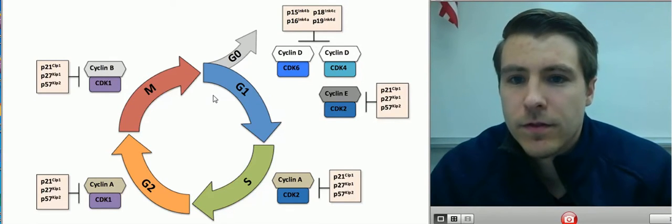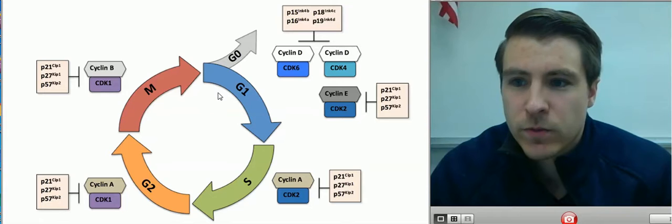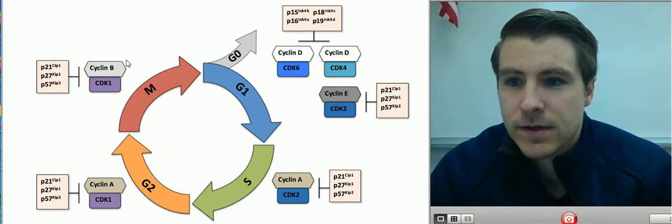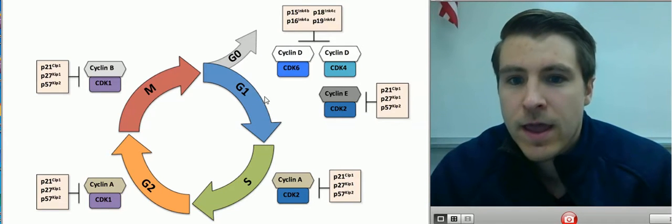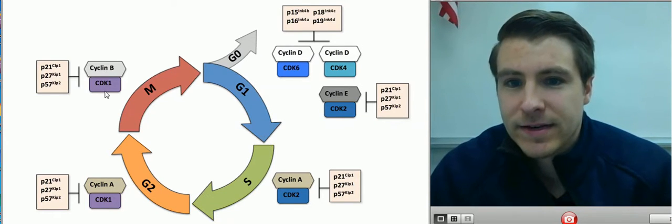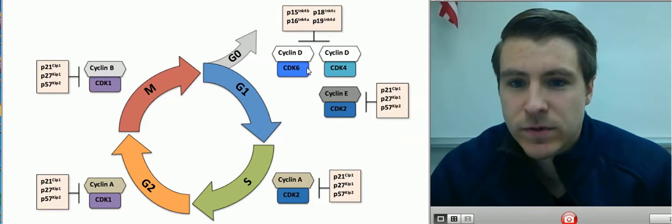Now, this is a complex diagram, but I just wanted to highlight that these cyclins are these boxes here, so cyclin B, cyclin A, as I said before, and they are associated with different parts of the cell cycle. And you see them binding to certain kinases, is what these are called.